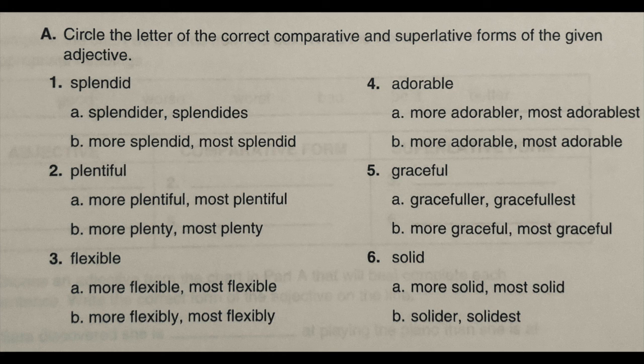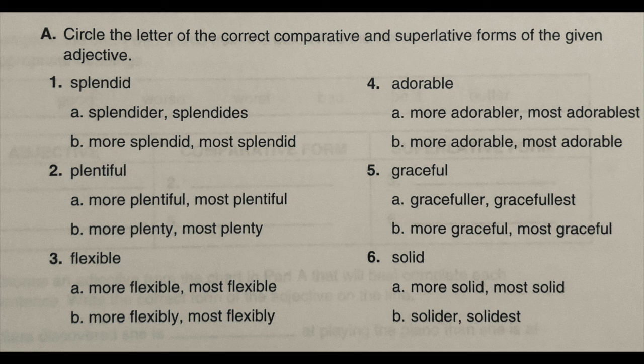So we have to choose if we would add ER, EST to the end of it, or if we would add more or most to the beginning of the word. And you'll see they made another mistake. This is 2 days in a row that we've had mistakes on our activity pages, right? We need to write them and tell them they need to proofread.